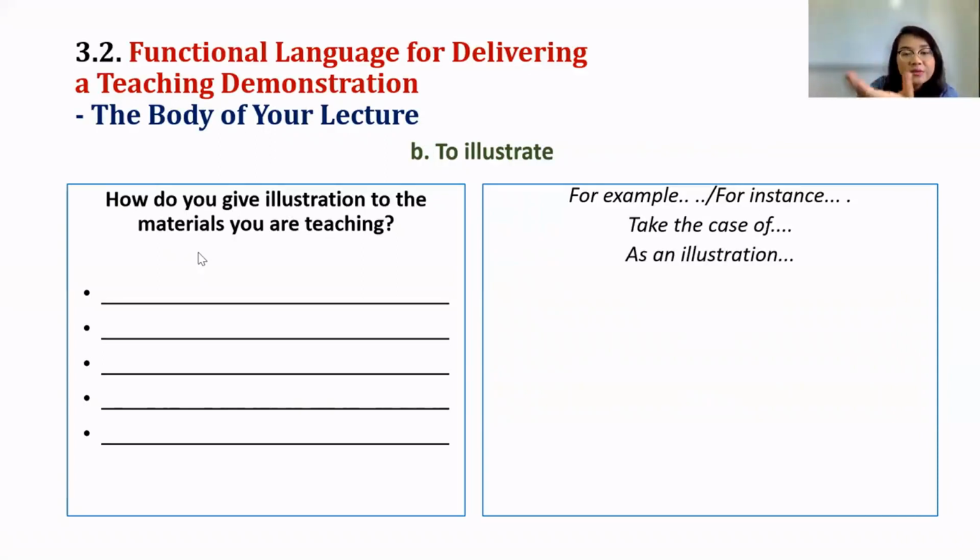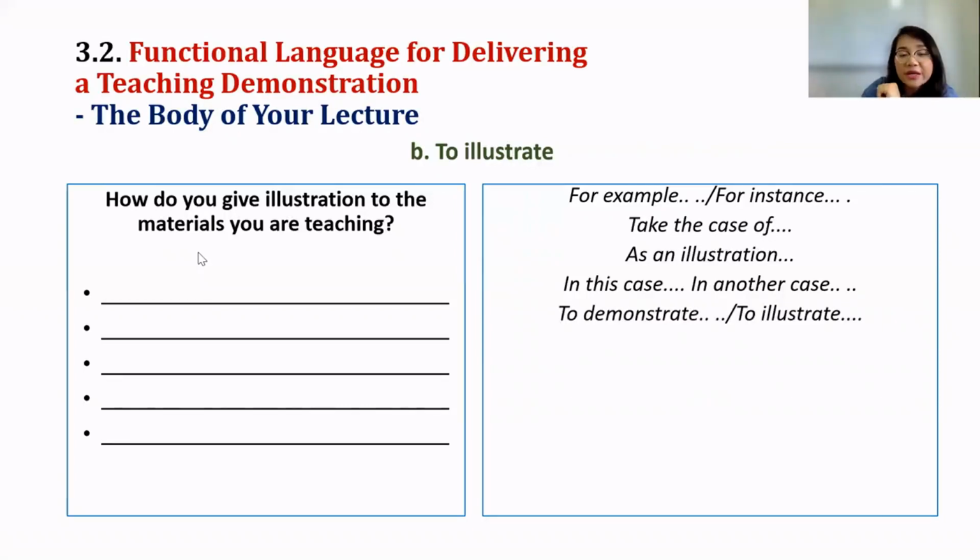As an illustration, good. In this case, in another case, good. To demonstrate, to illustrate. Let me give you an example to show. Good. Let me give you an example to show how this theory is applied in a classroom teaching, for example.